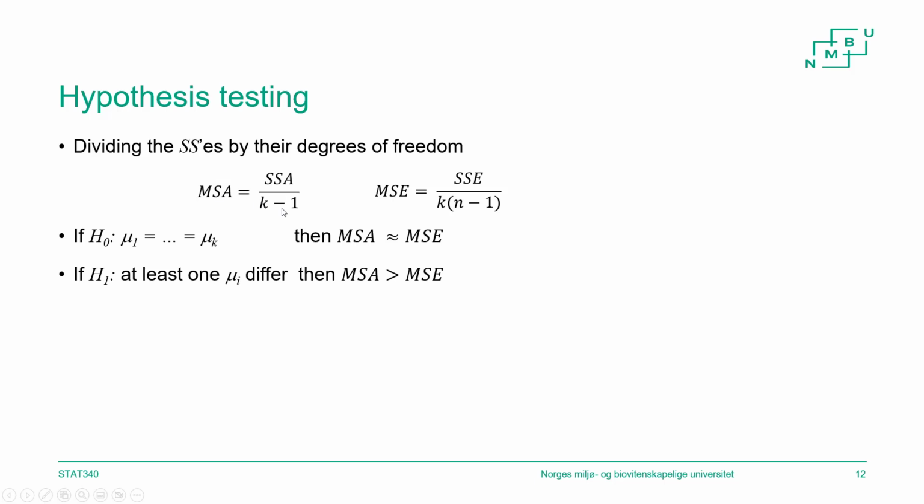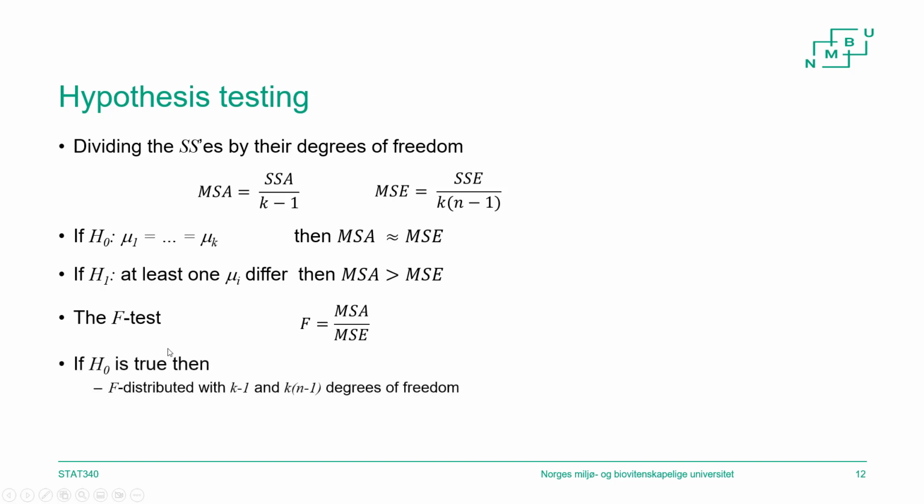The variation between the factor levels should be bigger. And this gives us the F test, which is this ratio: this one divided by this one. So if the null hypothesis is true, it should come out around 1. If H1 is true, it should be bigger than 1, right?